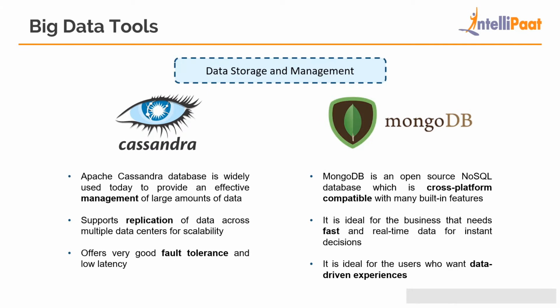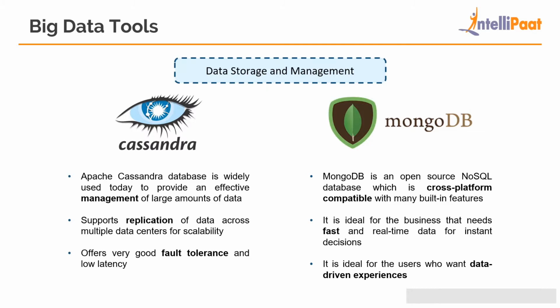It supports replication and also offers very good fault tolerance and low latency. Basically, Apache Cassandra is not exactly a traditional database system, but if you have large amounts of data, you can go with Apache Cassandra. It is very effective to manage it.